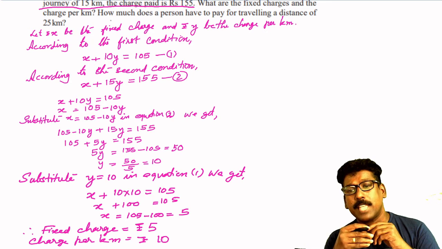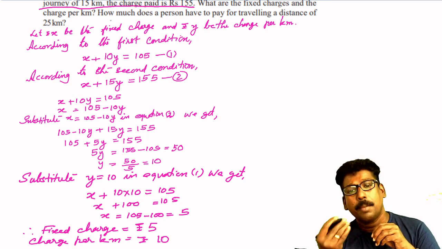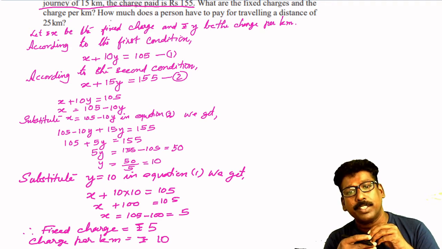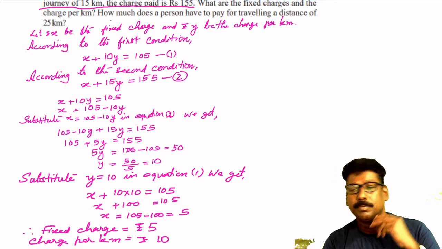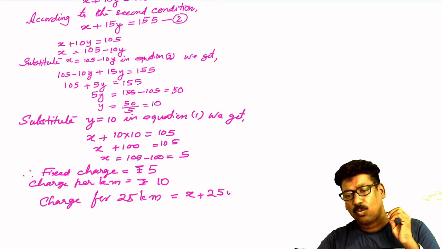Now look at the second one. How much does a person have to pay for traveling a distance of 25 kilometers? For 25 kilometers, fixed charge is x and per kilometer y rupees means for 25 kilometers 25y. So charge for 25 kilometers is equal to x plus 25y.